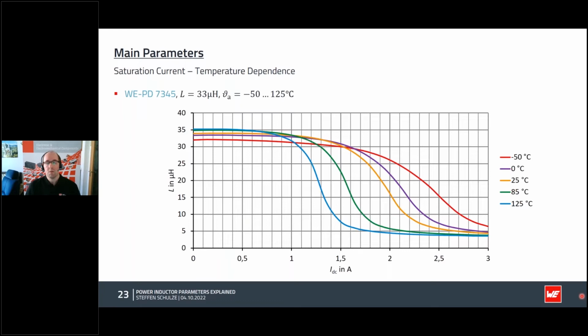If I also consider the temperature effect, that's specifically important for hard saturation behavior materials, like the PD, which I have shown here. This is measured from minus 50 degrees Celsius up to 125 degrees, and there's a large deviation in the inductance and in the saturation current.